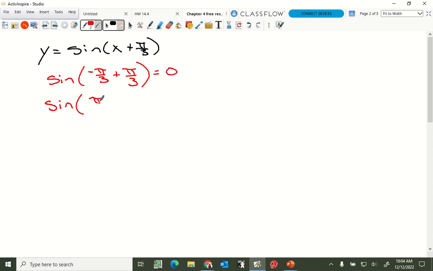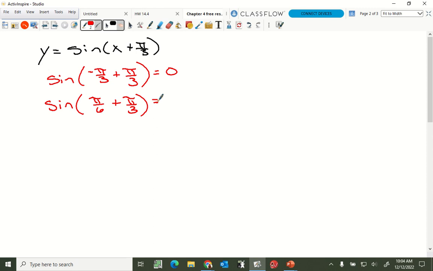Sine at pi over 6 plus pi over 3. So that's going to give me, would it be 0 and then pi over 6? Did we have 0 as one of our answers?